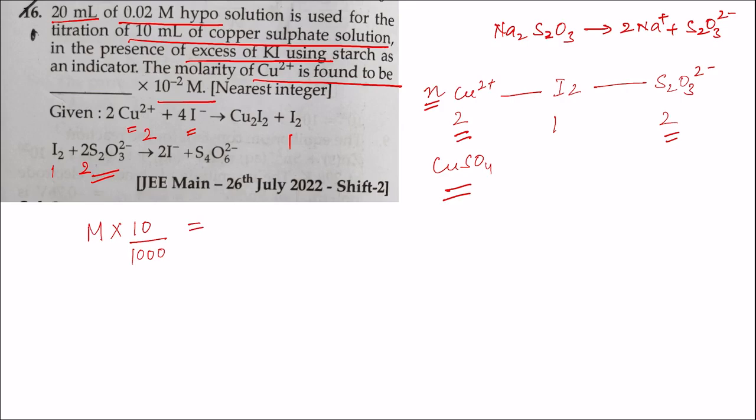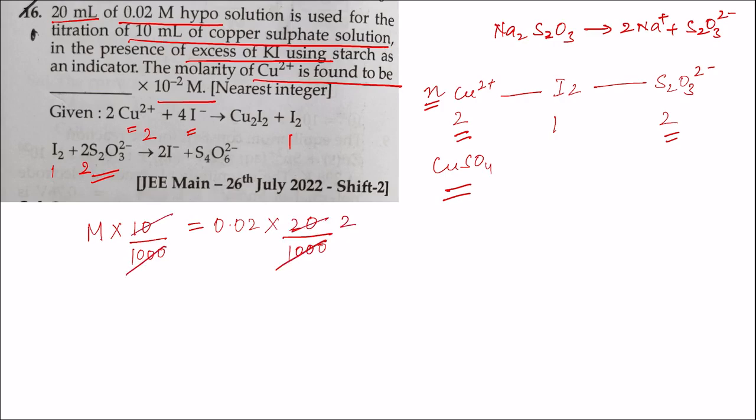And what will be the moles of hypo? Moles of hypo will be molarity of hypo, that is 0.02, multiplied by volume of hypo in liters. It will be 20 divided by 1000. Now 1000 cancel, 10 2s are 20.